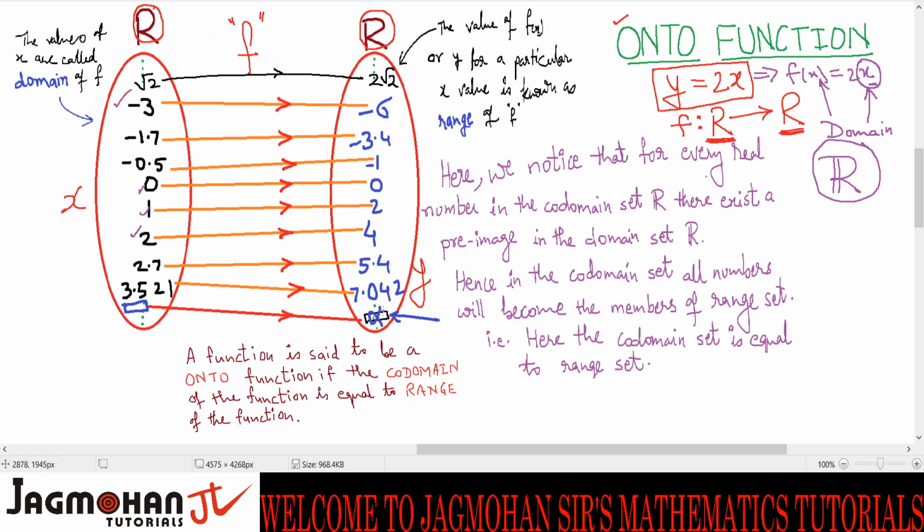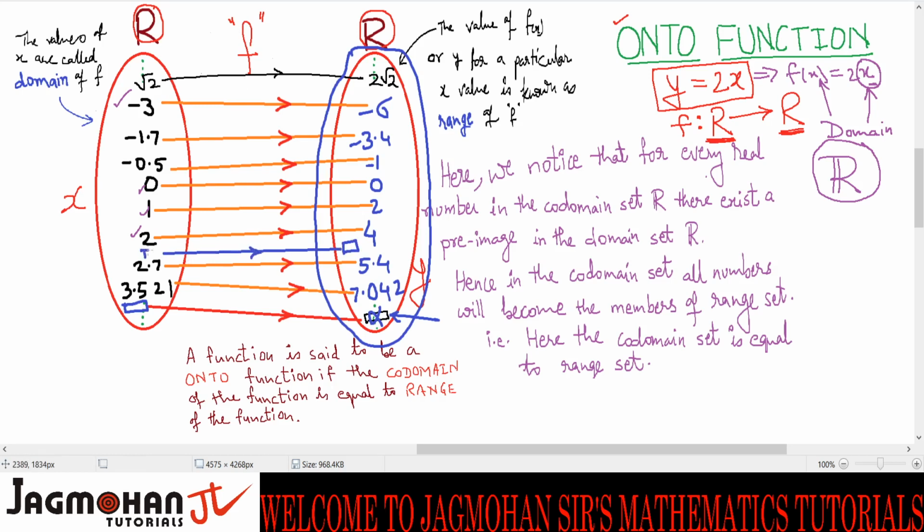Hence, what I can say here is every element in this codomain set, try to understand, every element in this codomain set will definitely have a pre-image. If I have an element here, then definitely it has got a pre-image in the domain set.